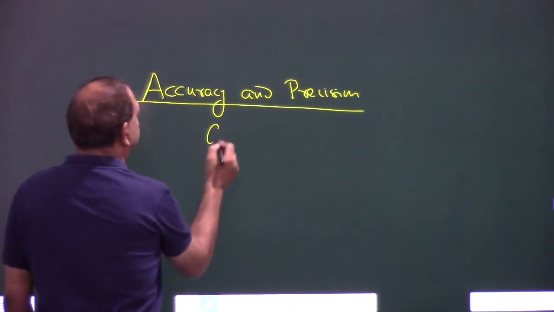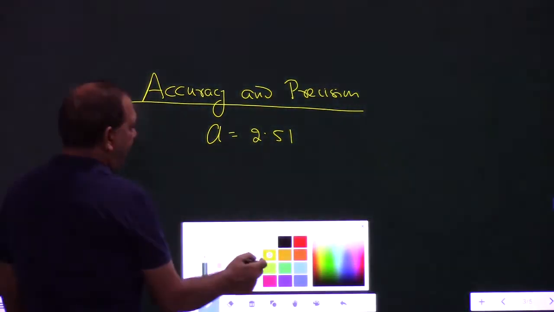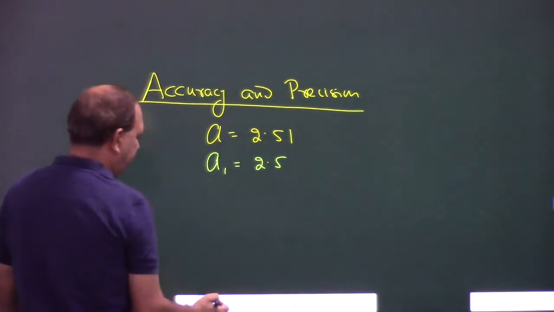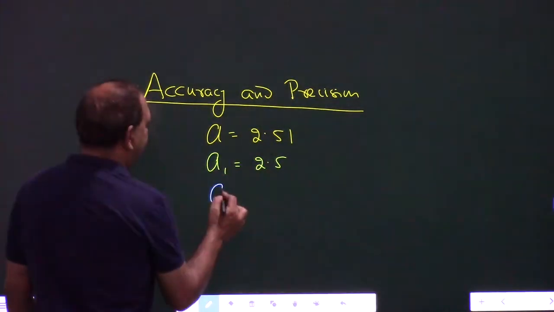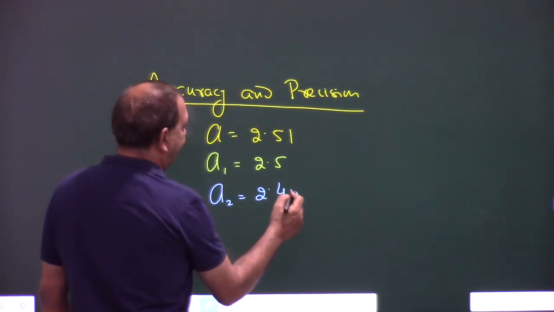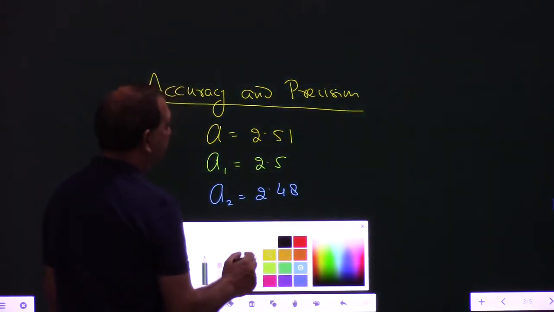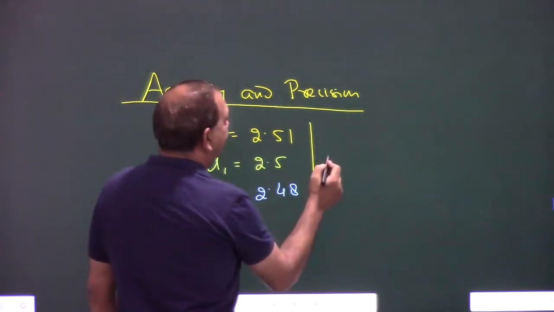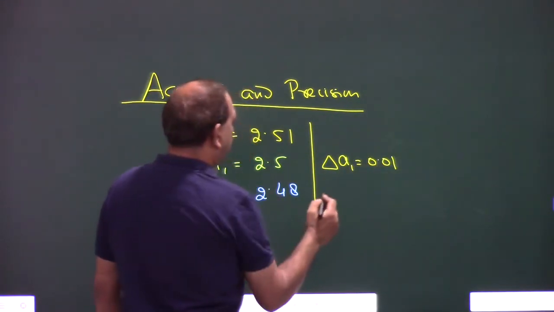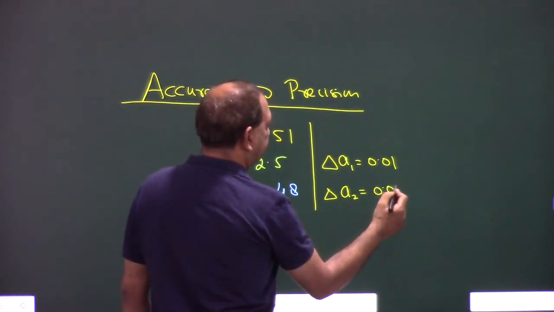We had the value as 2.51, and in one of the measurements we took the reading as 2.5, and in another measurement we took the reading as 2.48. Now delta A1 is equal to 0.01 while delta A2 is 0.03.